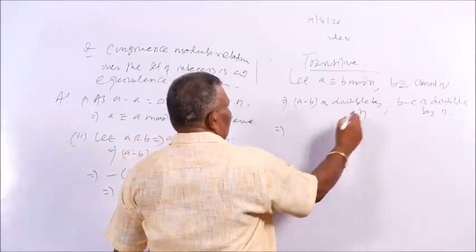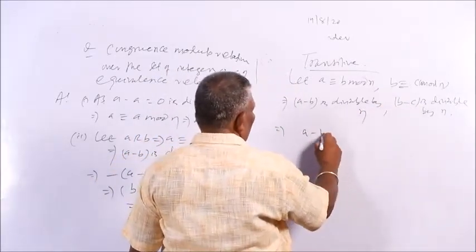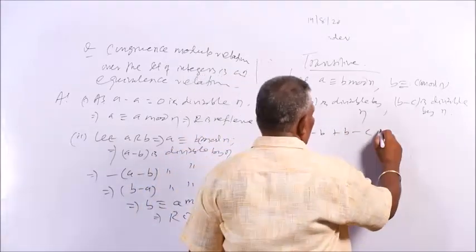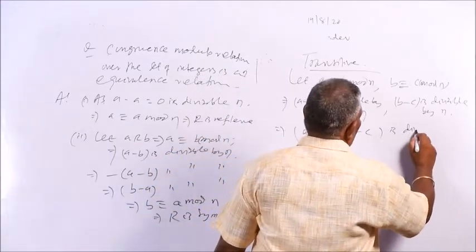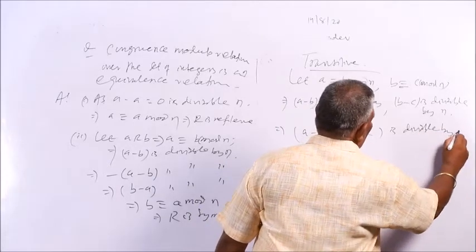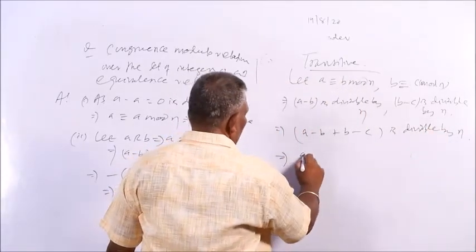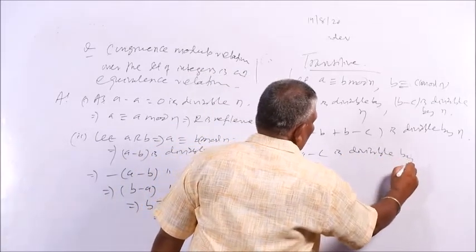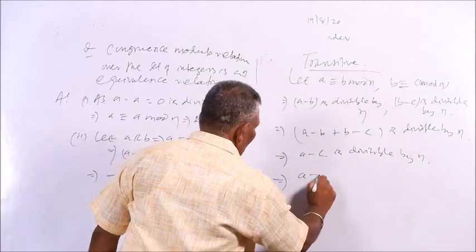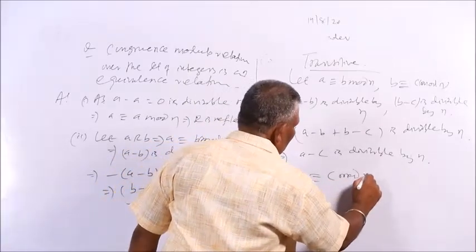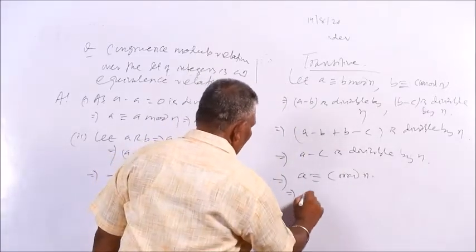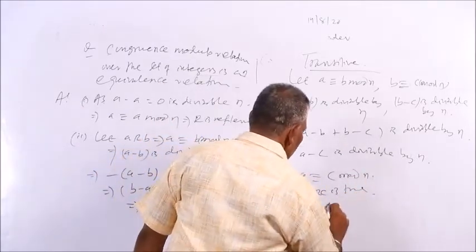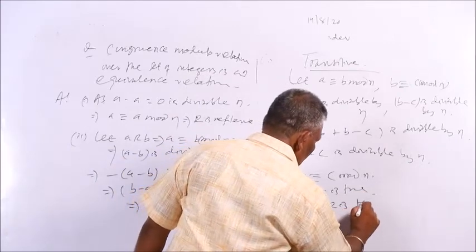Similarly, a minus b divisible by n, b minus c divisible by n. So a minus b plus b minus c is divisible by n. That implies ultimately we have a minus c is divisible by n. That implies a is congruent to c mod n. That implies a related to c is true. That is, R is transitive.